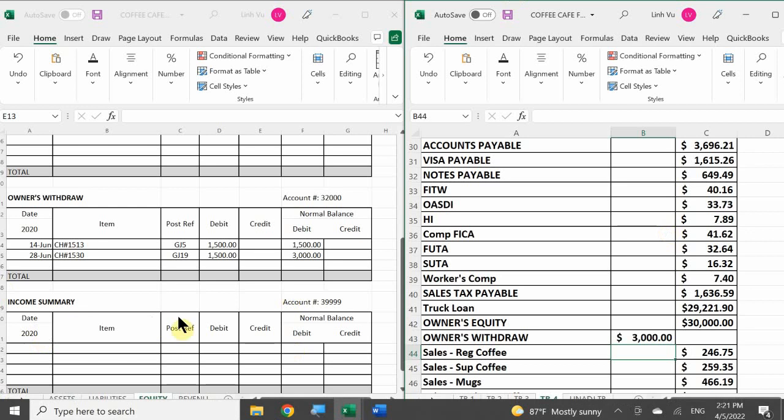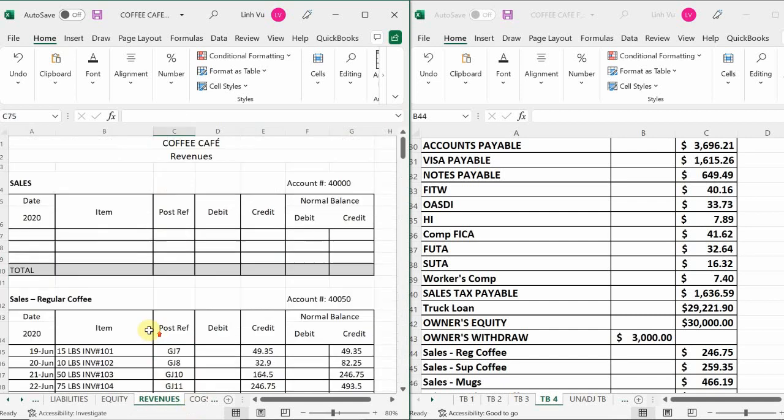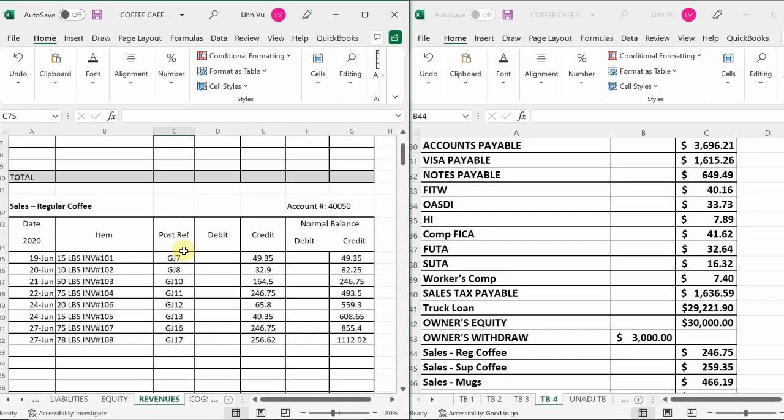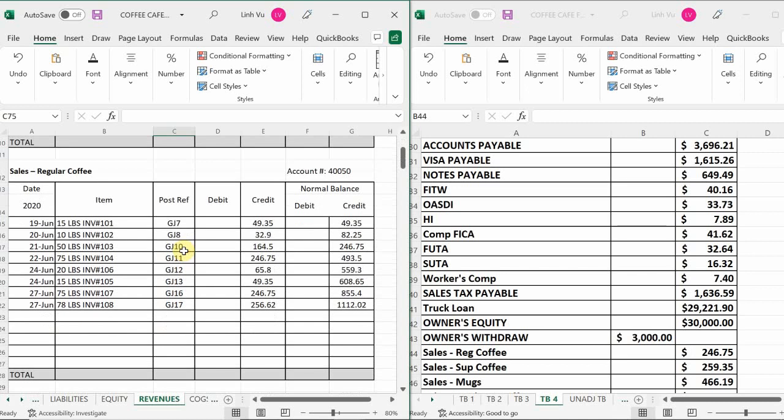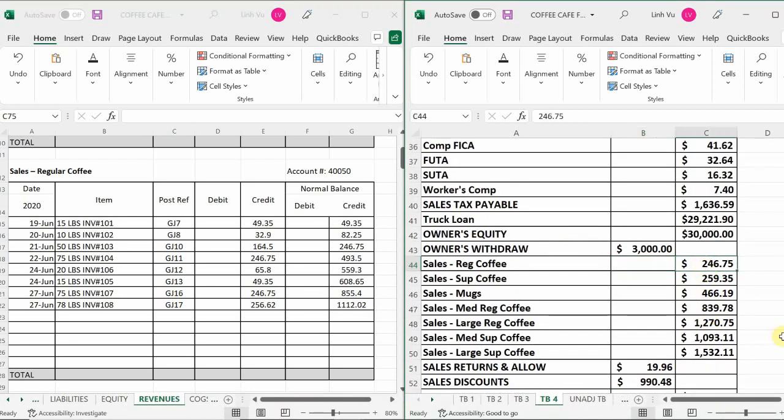We're gonna wait till the very end where we close out our books using income summary. Okay. Now we gotta go down the revenues. What's my total balance in my sales for regular coffee? $11,1202.